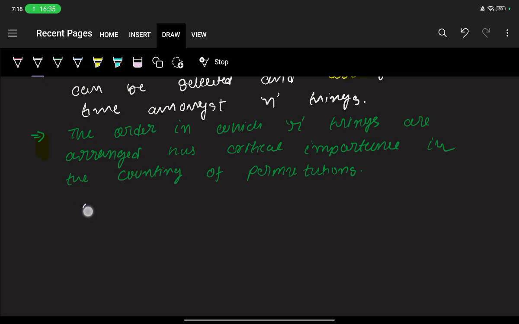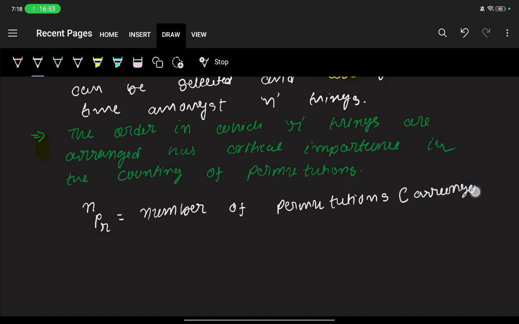So here NPR stands for number of permutations, which means arrangement. Not a selection.